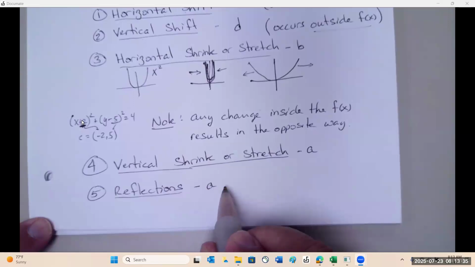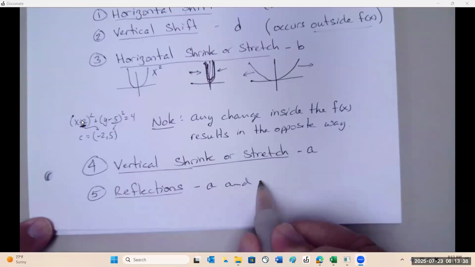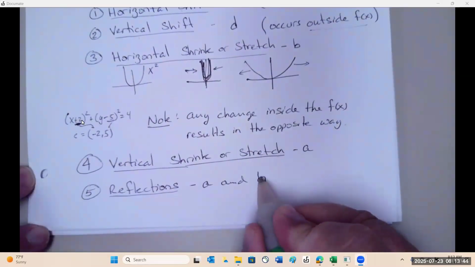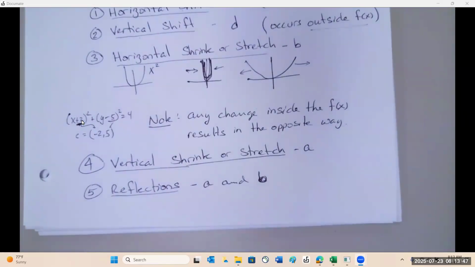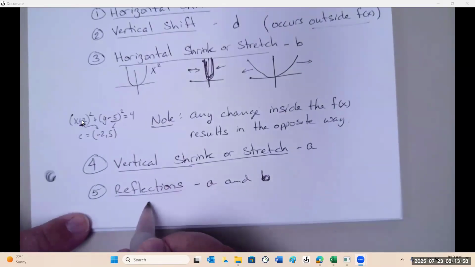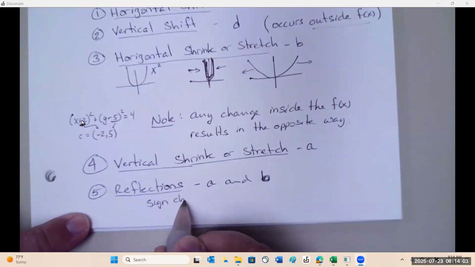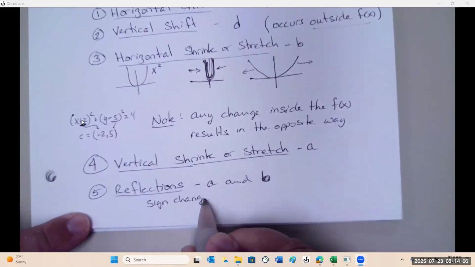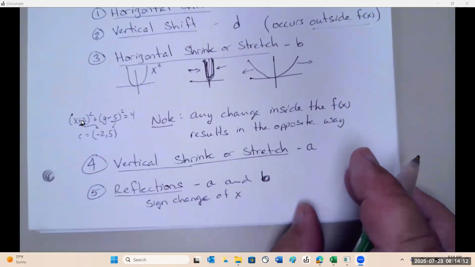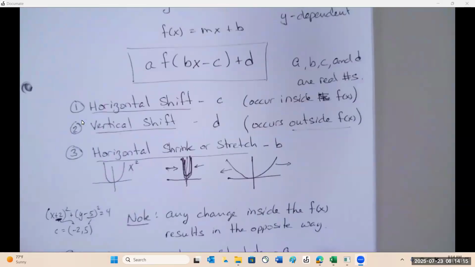Reflections occur with A and B. Sign change of X. So which letter would be a sign change of X?